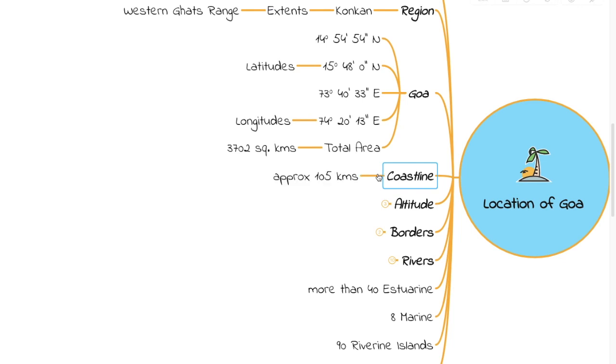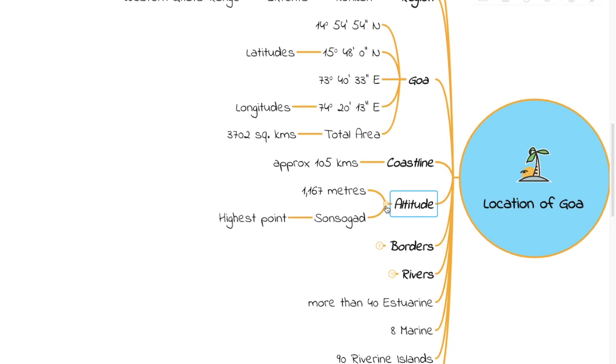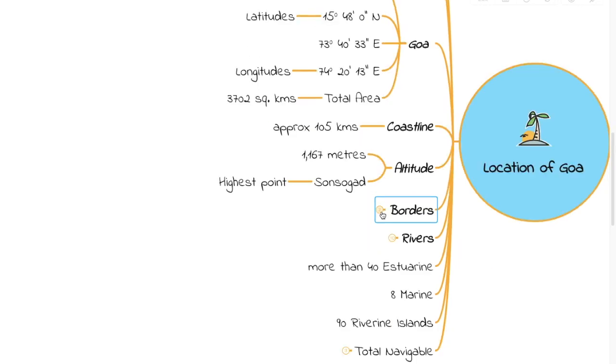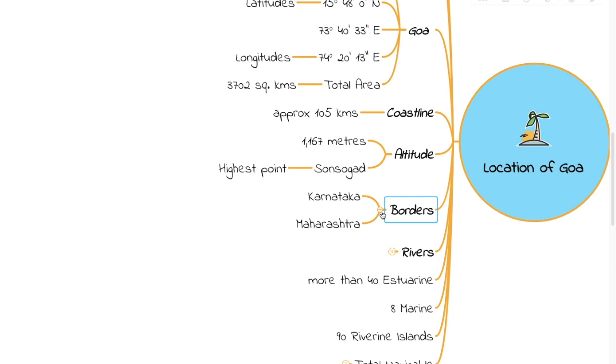Goa has a coastline of approximately 105 kilometers and with an altitude of 1,167 meters, Sonsogor is the highest point in Goa. Goa shares its borders with Karnataka in its southern and eastern parts and Maharashtra in the northern part.